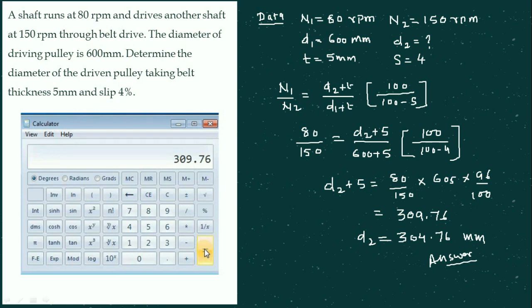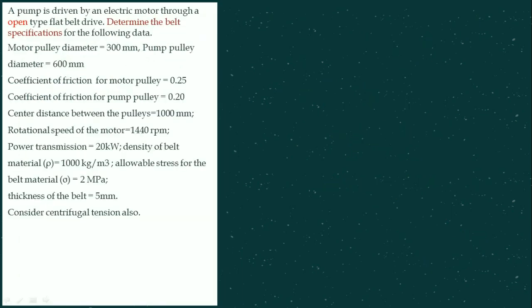Let's consider one more numerical on belt drive. A pump is driven by an electric motor through an open type flat belt drive. Determine the belt specifications for the following data. Let's make a list of data which has been given in the problem.